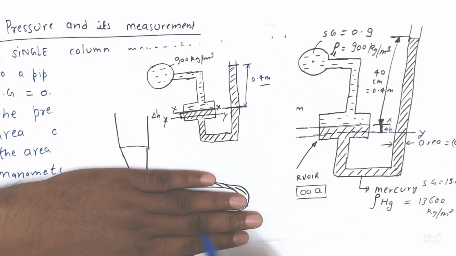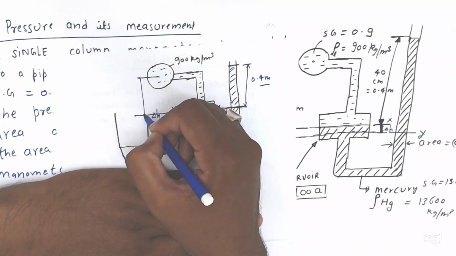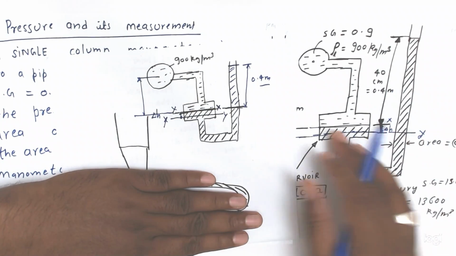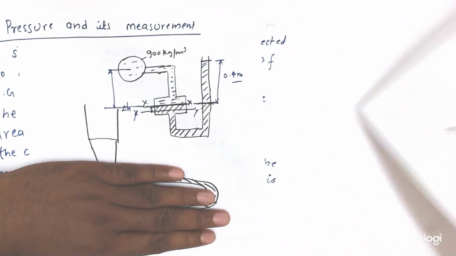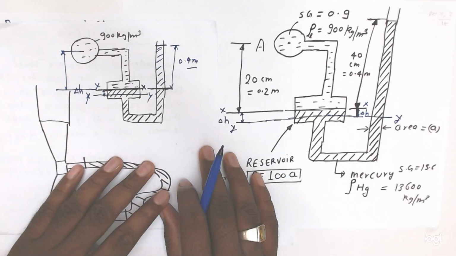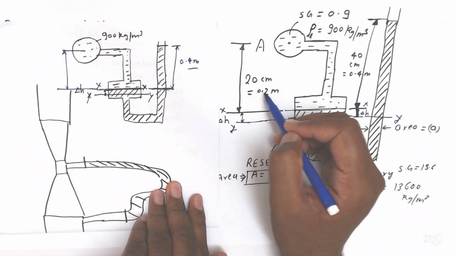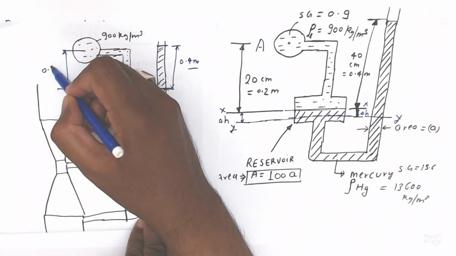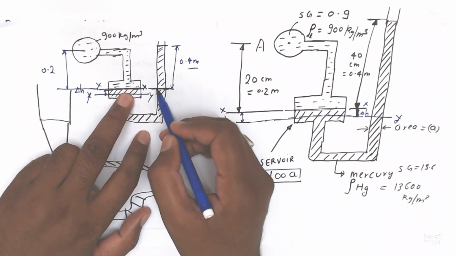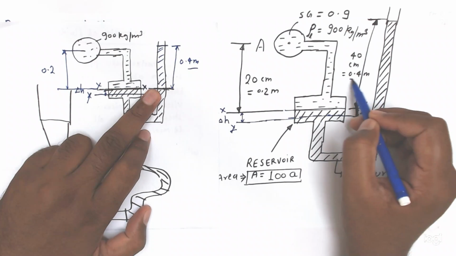So initially, from here to x, you see, this value has been given, 0.2 meter from this side, and from here it is going to 0.4 meter.